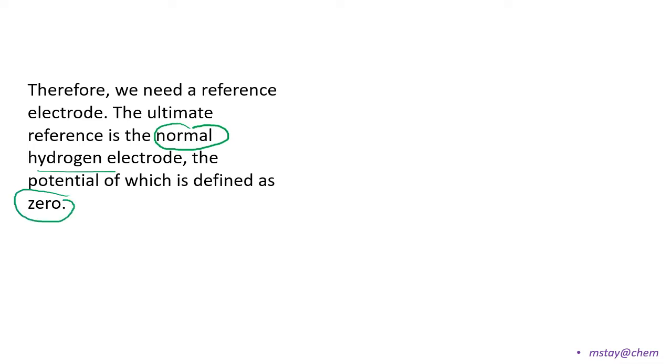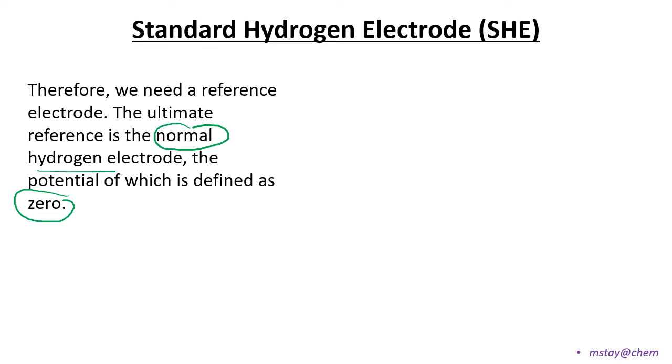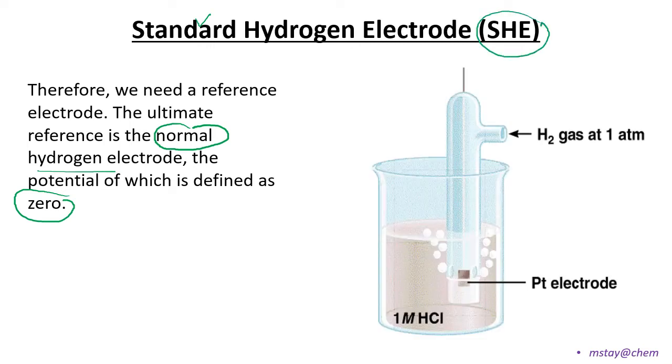We know it as the standard hydrogen electrode, SHE, and the apparatus set up looks like another half cell of the galvanic cell.